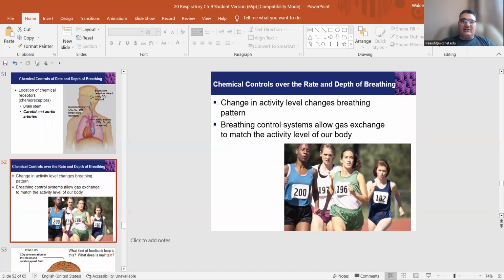So when you do activities more or less, the breathing will increase or decrease according to the level of the activities. So if you're running or using the treadmill or exercising or whatever, obviously you will need more oxygen and you will need to get rid of more carbon dioxide. So you need to breathe faster.